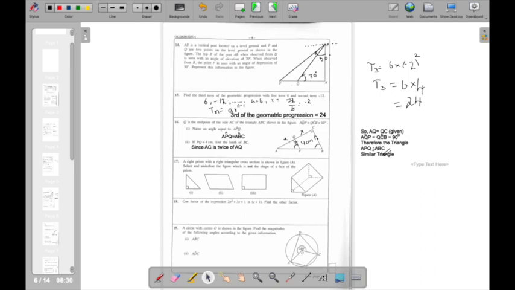You can write that finally the answer is BC equals 8 centimeters.